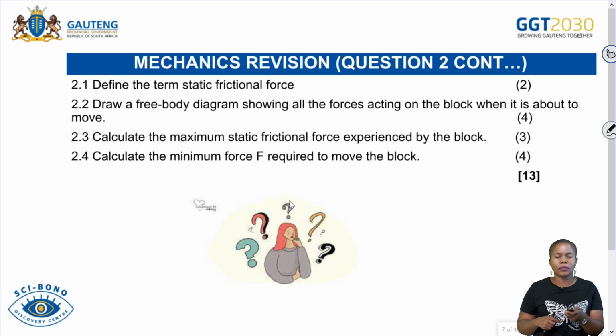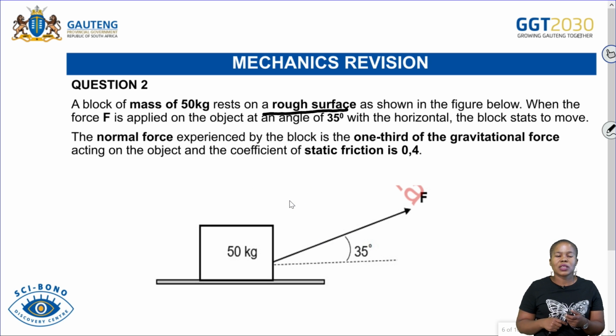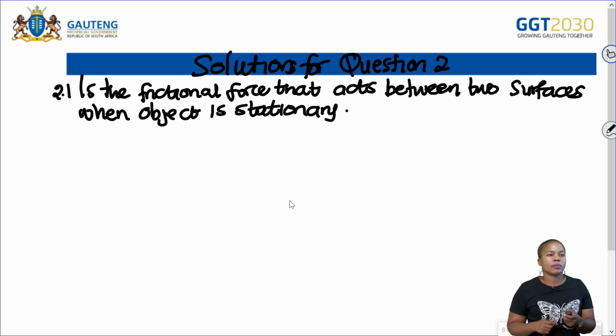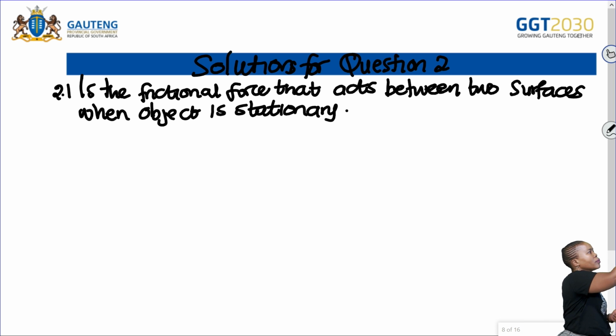Let's draw it nicely. Let's look at the diagram once more. So there's a diagram in which we are drawing the free body diagram. So 2.2, free body diagram, that means we've got to represent everything by a what?